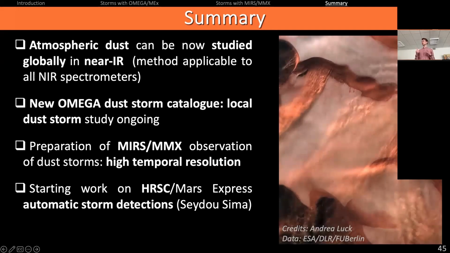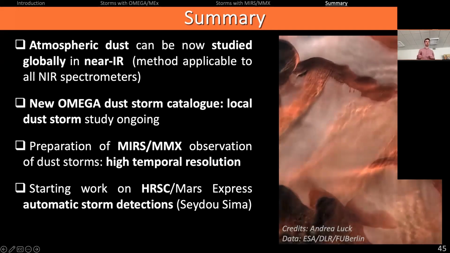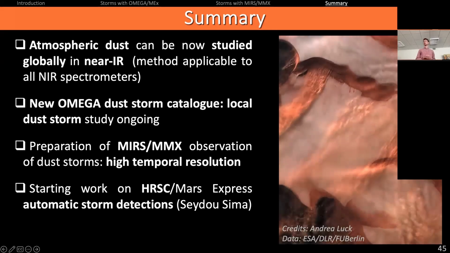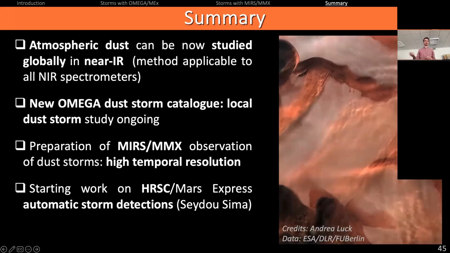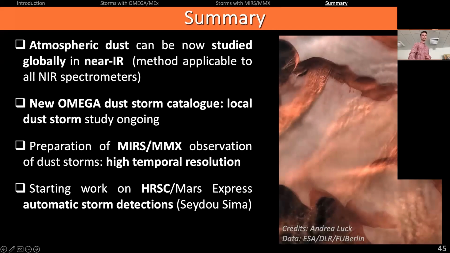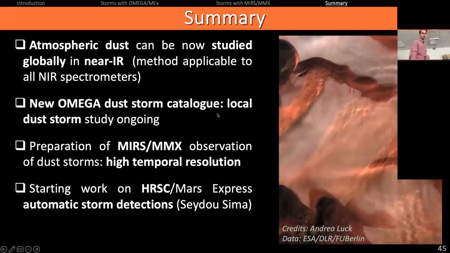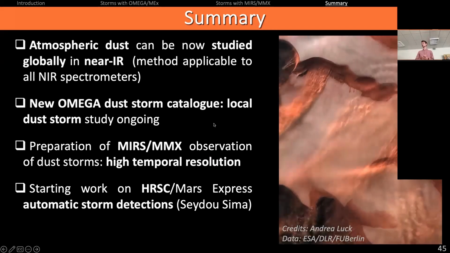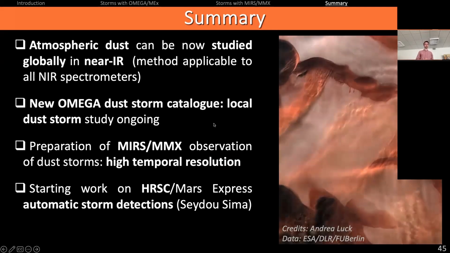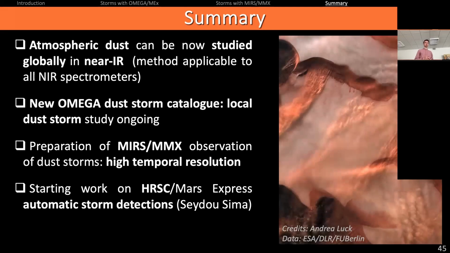So I have presented you a method to compute the atmospheric dust quantity using a near-infrared spectrometer with a high spatial resolution. And I'm currently working on the final version of the OMEGA dust storm catalog with much more focus on the local dust storms study to characterize these dust storms.